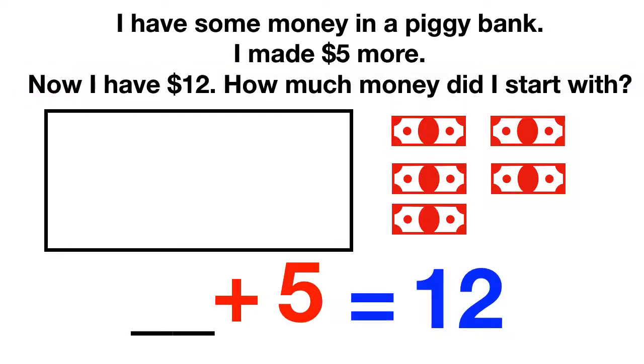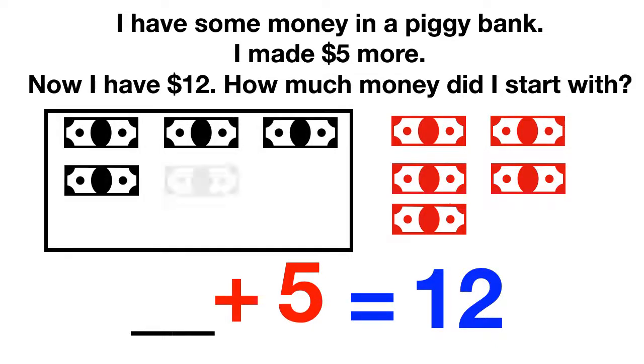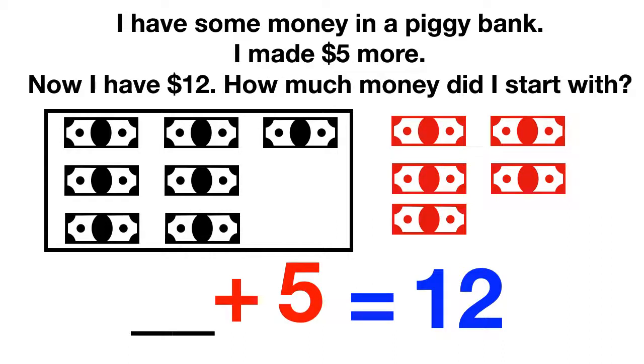To solve this, you can realize that we know we made 1, 2, 3, 4, 5 more, so we could just count on from there. 6, 7, 8, 9, 10, 11, 12. Now all we need to do is count up how many dollars we started with. 1, 2, 3, 4, 5, 6, 7. We can count to find that we started with $7.